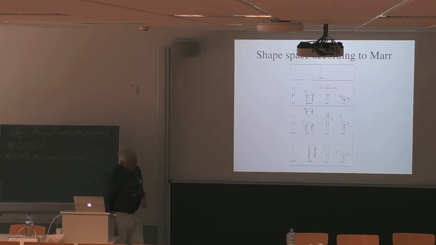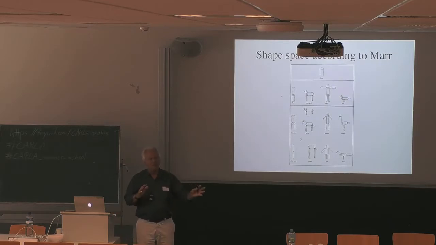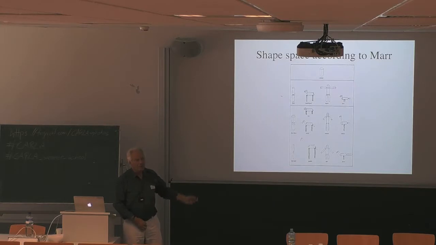So shape space is very interesting because we can very easily identify shapes, but we don't know how we do it in our brains. And there are a number of shape theories. The first one was presented by David Marr in the early 1980s, where he used cylinders as a kind of building blocks for shapes. Actually, he used generalized cylinders.